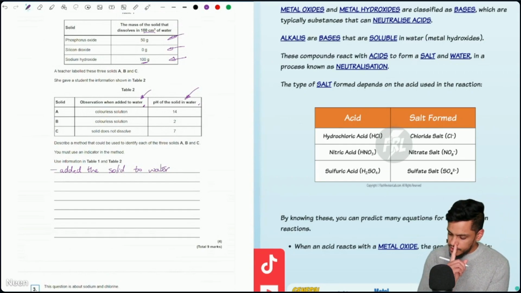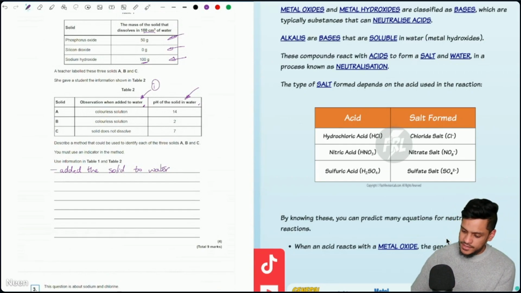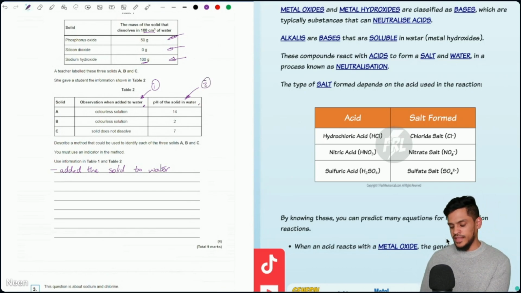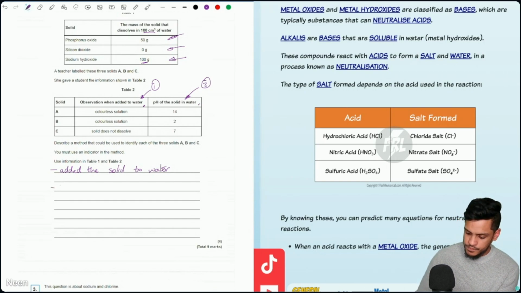So yeah, you add the solid to the water. That's the first step. That's what they've done here. Second step, they've found the pH. How could they have found the pH? What do you think that step is? How would they have found the pH? How do you find the pH of a solution? You add something.